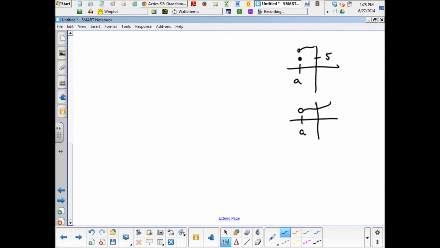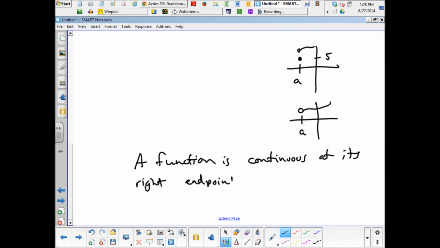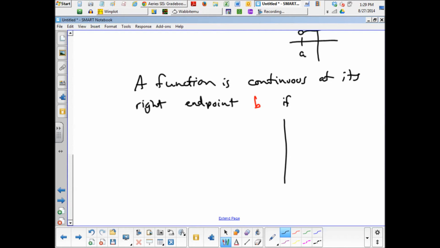What do you suppose the rule is for the right endpoint? So a function is continuous at its right endpoint B if, what would the rule be for this point, you think?